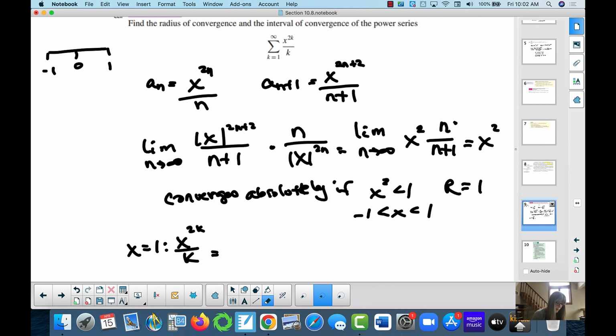So 1 to any power is just 1 over k. That's a harmonic series. And so diverges. If x equals -1, we get the same thing.